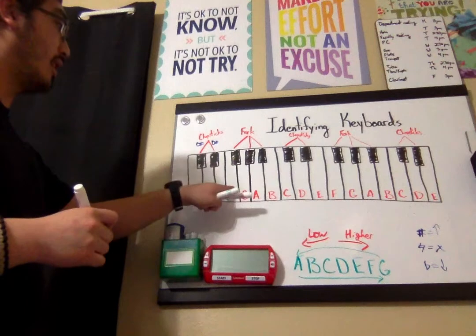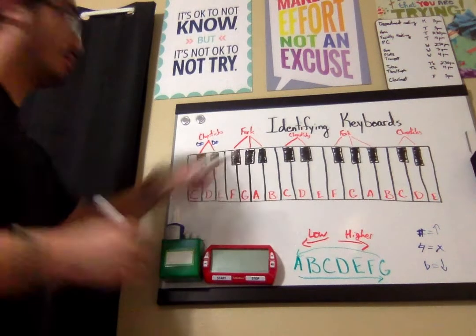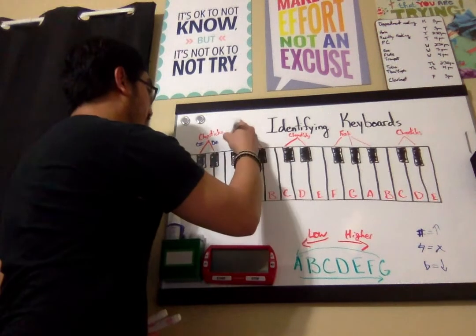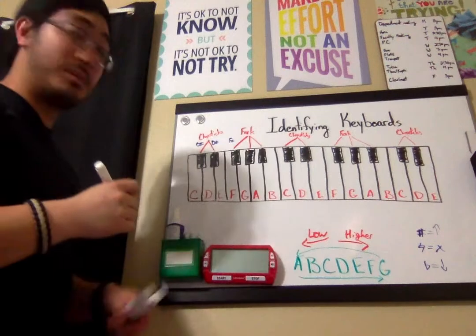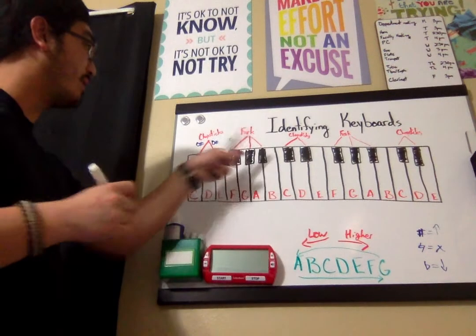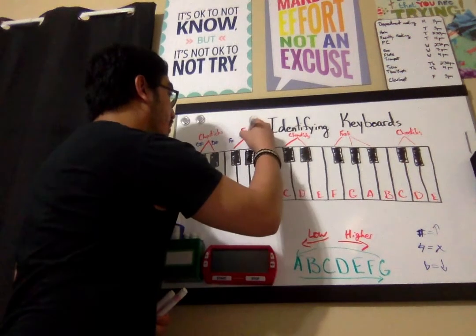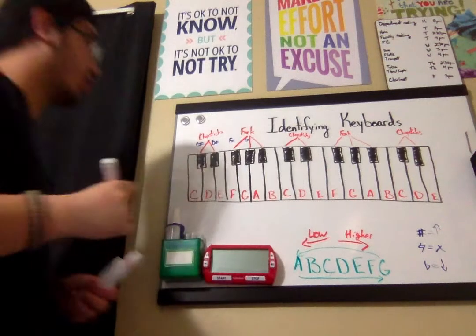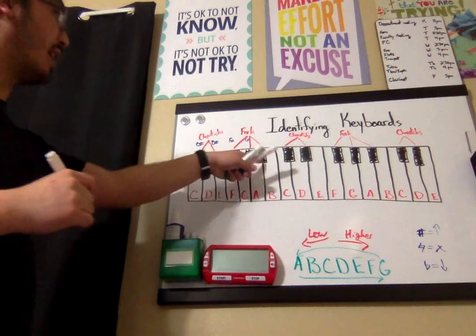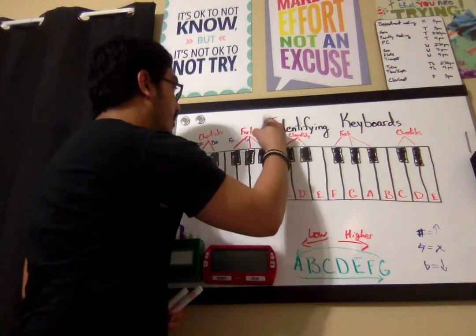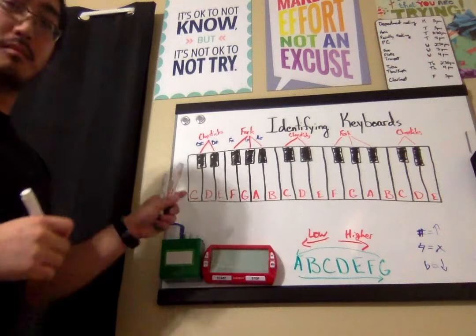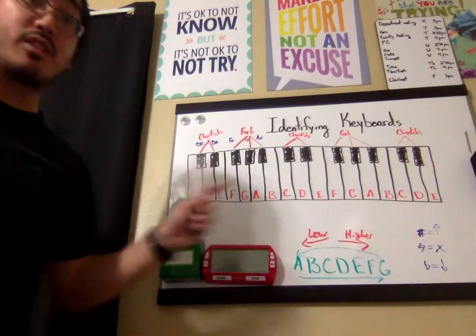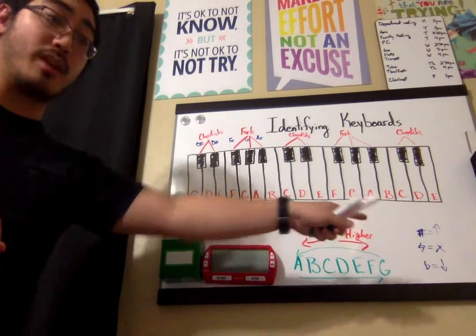This one is F up a half step, F sharp, G up a half step, G sharp, A up a half step, A sharp, and so on and so forth. So I'll just fill out the rest of this keyboard right now.